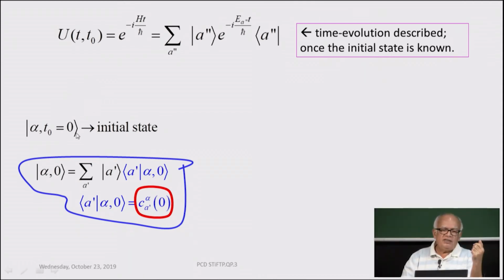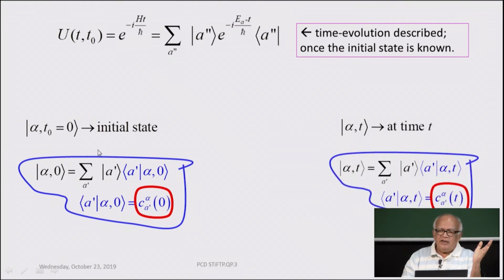So, if you have an initial state, you expand this in the complete set of bases of the energy eigenkets, and the expansion coefficients are the C, which are nothing but the projections or the shadows of the state alpha at time 0. Time 0 is what I consider as the initial time t0, all right. And the projection of this on one of the basis sets, it is actually the dual conjugate vector in the basis, and this is the expansion coefficient.